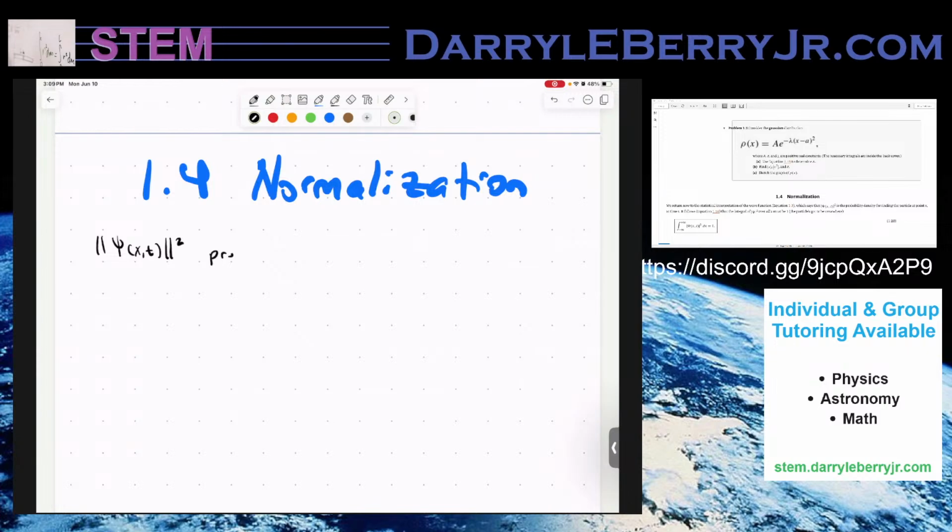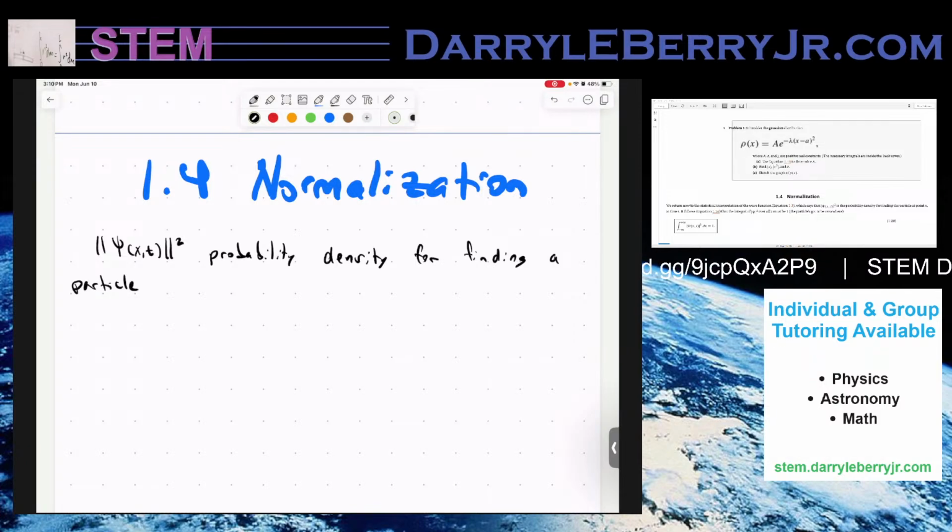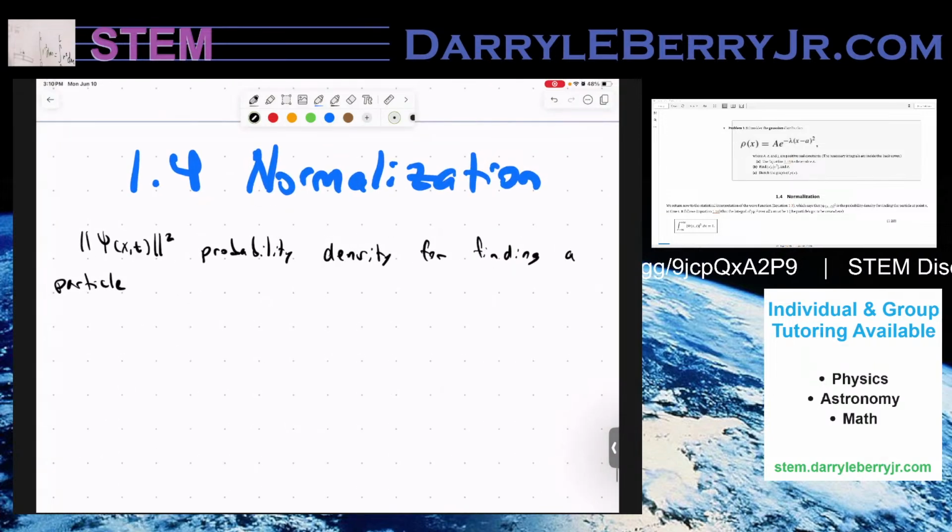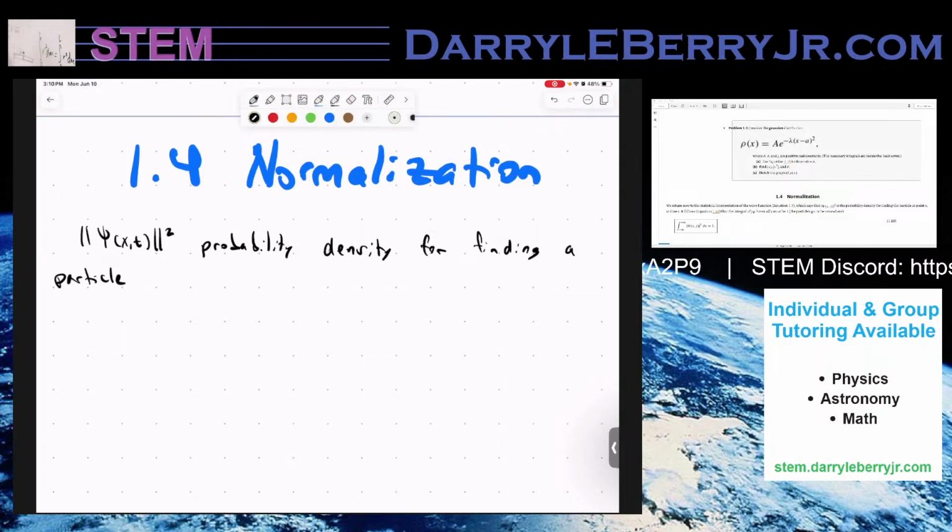Right, so this is the probability density of finding a particle at point x and time t.